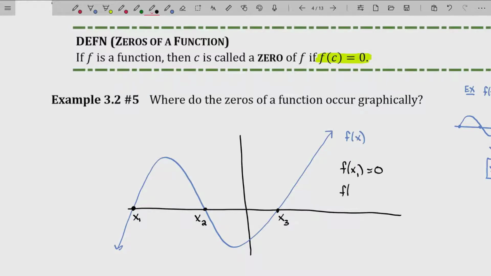And when you plug in x sub 2, again, the y value will be 0. And finally, when you plug in x sub 3, again, the y value will be 0. So that should make sense. Therefore, graphically, the zeros of a function occur when the function itself crosses the horizontal axis. Most people would call that the x-axis, but it just depends on what the variable is for your axis. But I'm going to answer it that way.